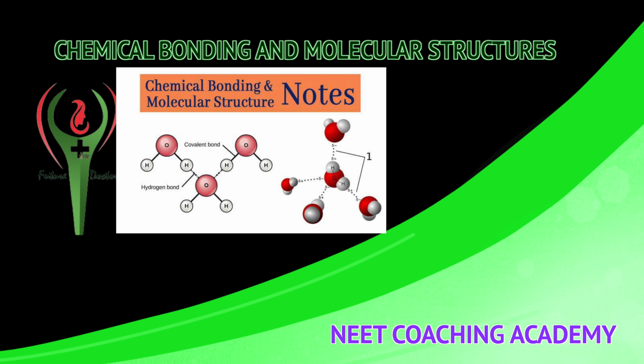Now we are going to look into the examples. Some of the examples are NaF, NaCl, CaCl2, MgO, calcium sulfide, sodium sulfide, etc. Now let us look into the formation of an ionic bond between sodium and fluorine. As you know, the electronic configuration of sodium is 2, 8, 1, and the valency shell contains 1 electron.